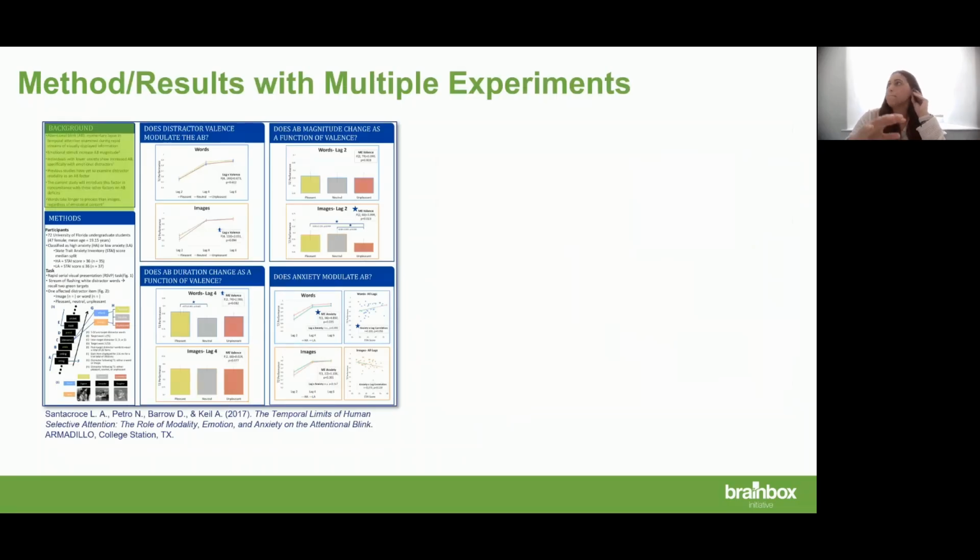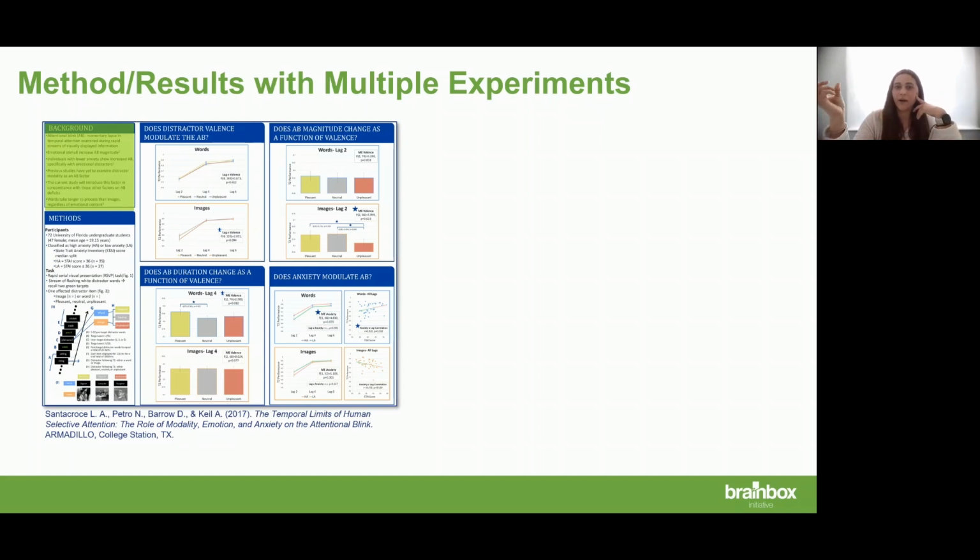Okay, so methods and results sections can get tricky with multiple experiments. Like I was saying, the layout format doesn't always follow a specific pattern. It can change up a lot, and you'll probably have noticed that already. But when you have multiple experiments, there are different ways to work with that.